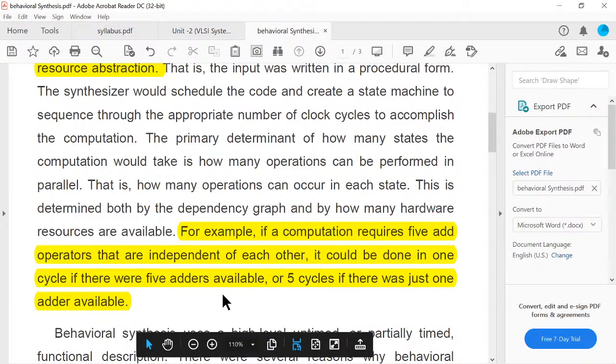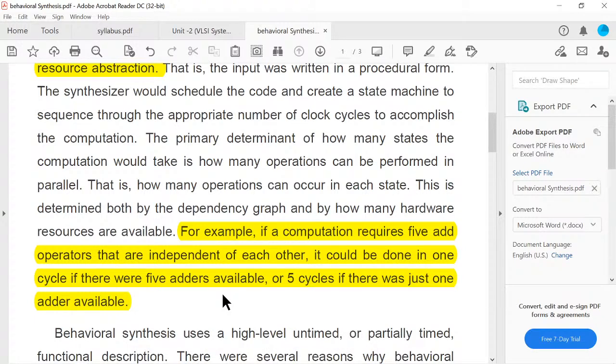It means that according to the requirement of circuitry, according to requirement of operation, according to requirement of demand, in behavioral synthesis, the designer can implement their design.